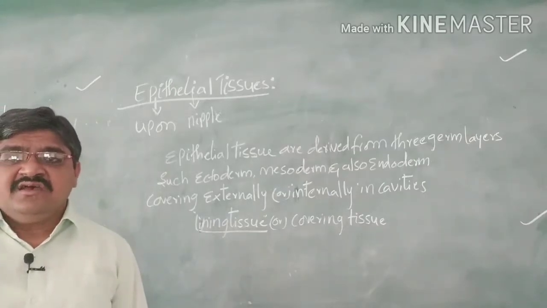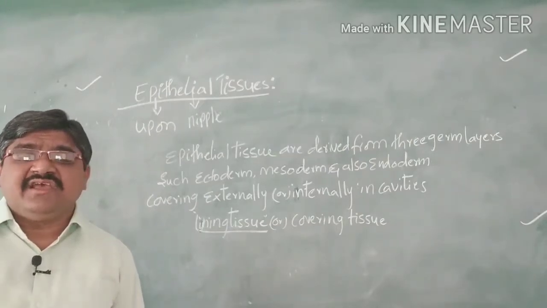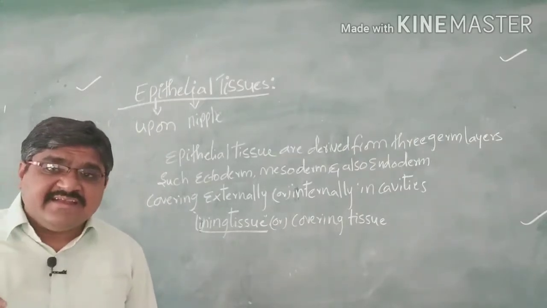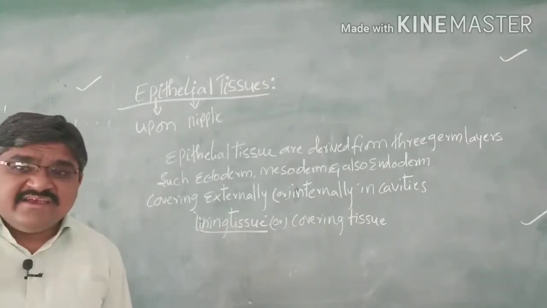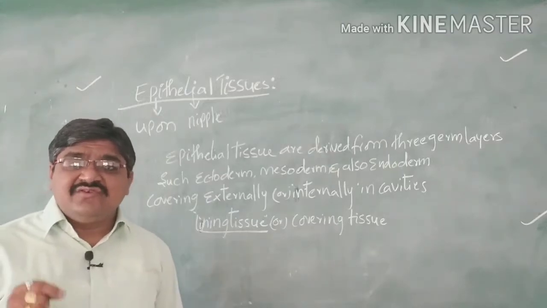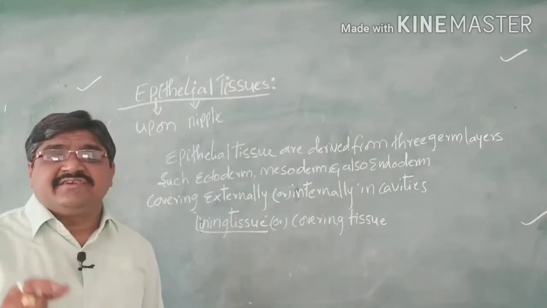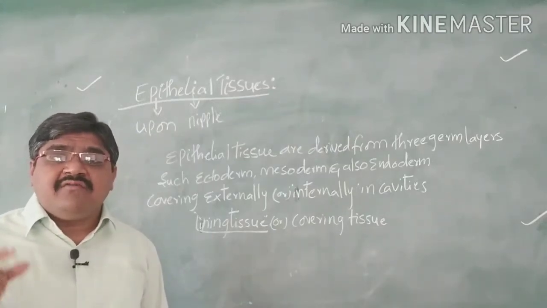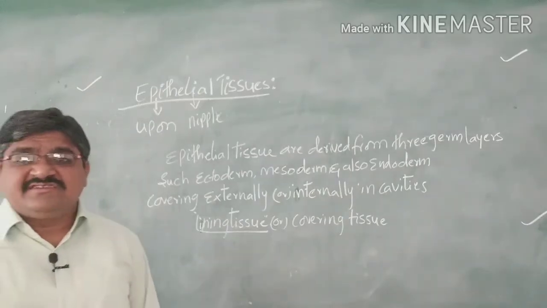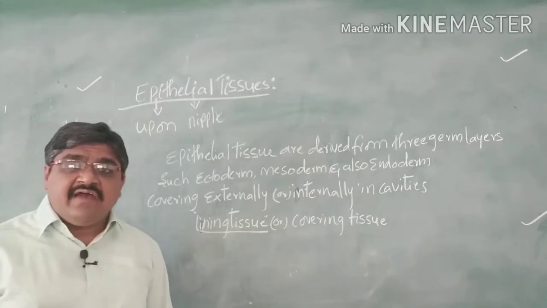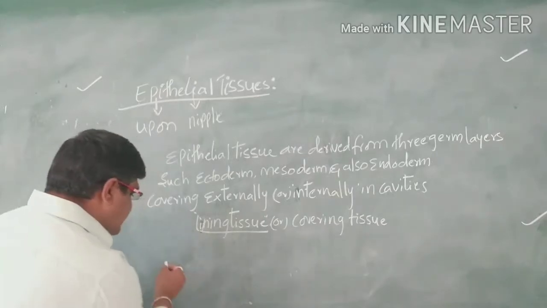There are three types of cell junctions: the first one is tight junctions, the second is adhesive junctions, and the third is gap junctions.